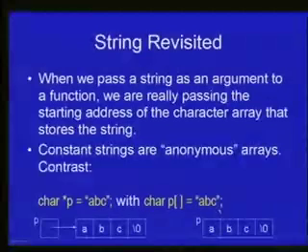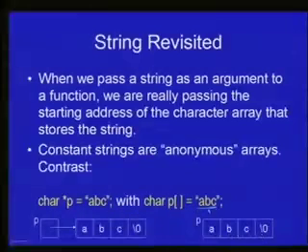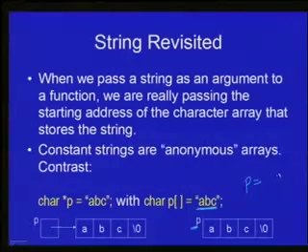It's no longer an anonymous array, which is initialized, which will have 4 elements in it, because the size of the initializing string is 4, including the null character. And so P is the name of an array whose elements are the characters A, B, C, and the null character. Note that now P is the name of an array, and therefore P cannot appear on the left side of an assignment.